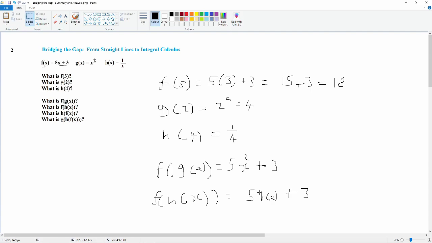So that's 5 times one over x plus 3. Well, 5 times 1 over x is just 5 over x.